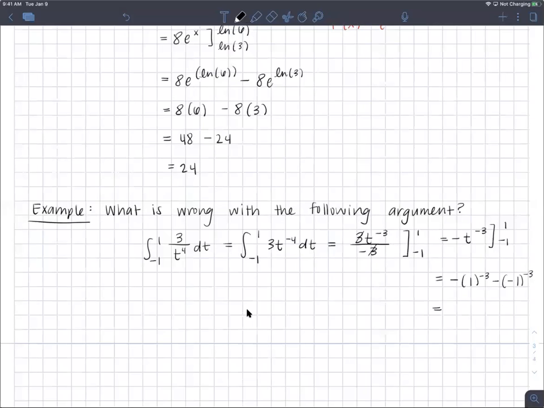And so here you're getting -1 over 1 minus 1 over -1. -1 plus 1 is 0. Wait, I think I did something wrong there that I didn't mean to do wrong. Let me just write this as 1 over t cubed. I've already made the mistake, so start looking for it. See if you can catch what I've done wrong.